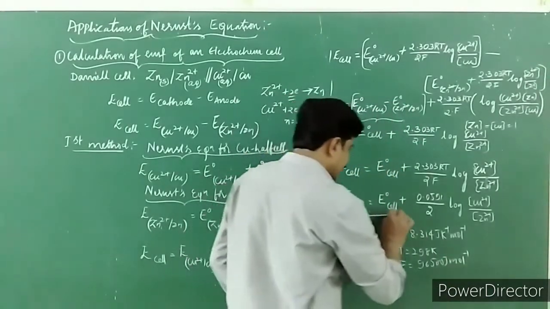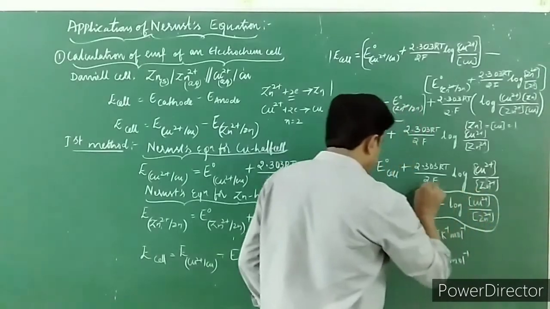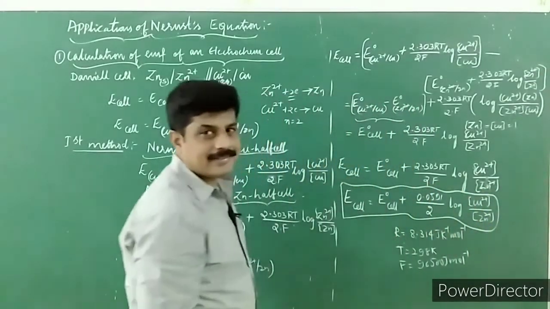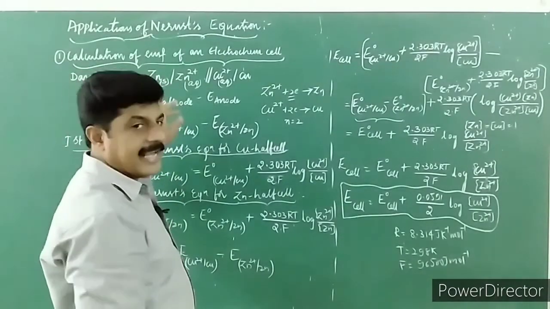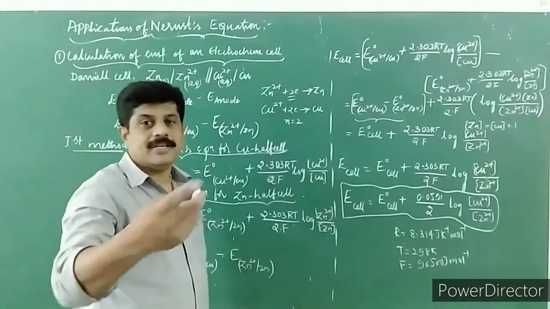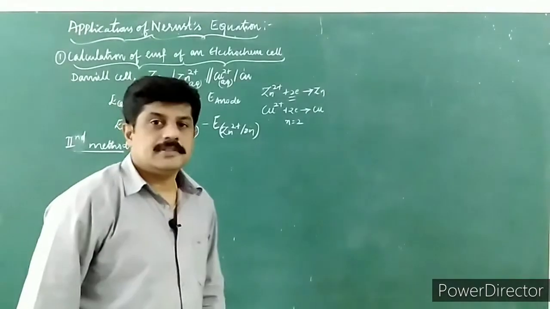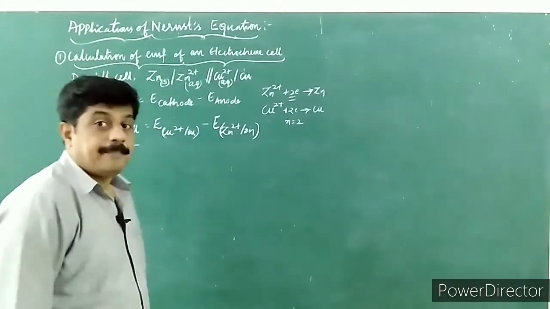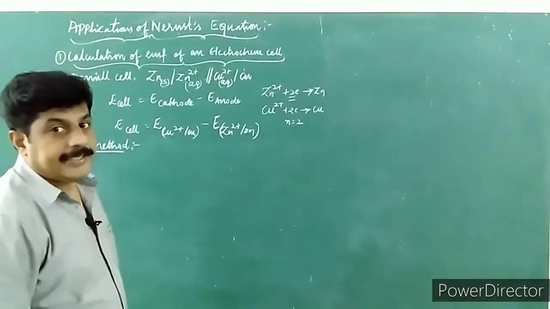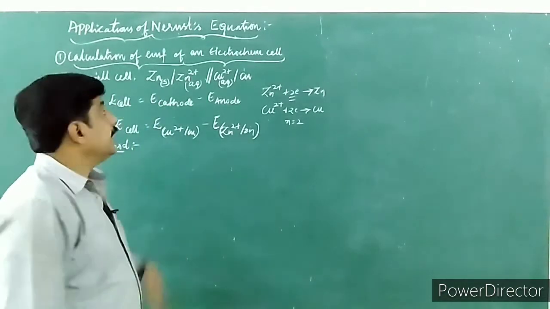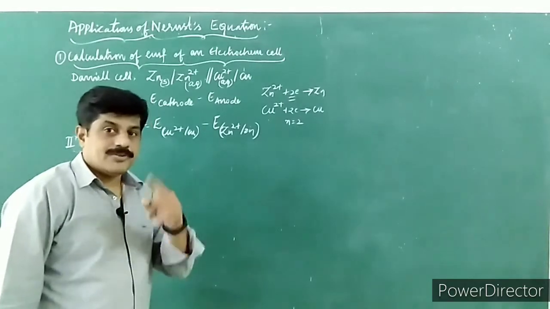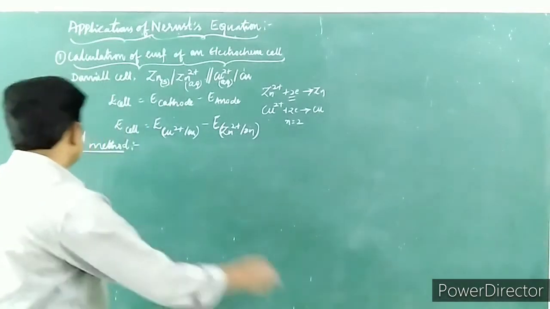Children, this is one method of writing the Nernst equation for calculating EMF of the Daniell cell. Let me take up the next method also. Let me take up the second method of calculating EMF or cell potential of any galvanic cell, in this case the Daniell cell, by using the Nernst equation.